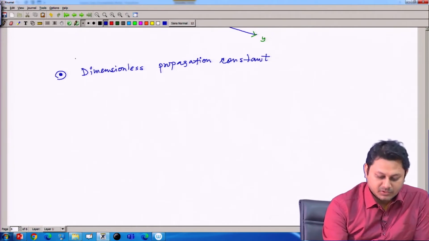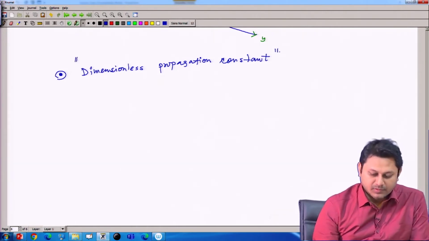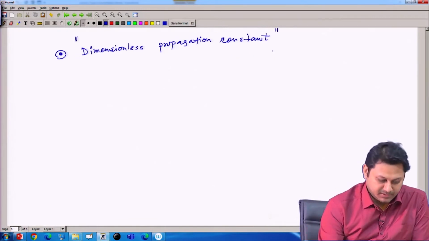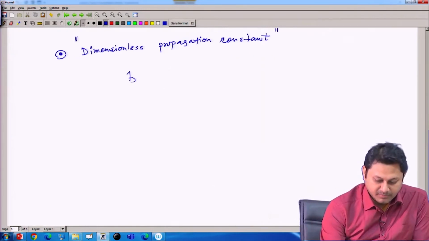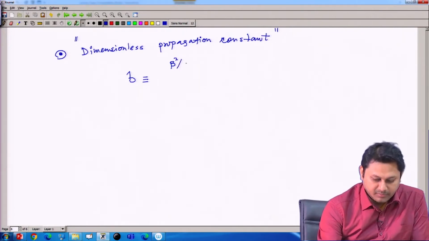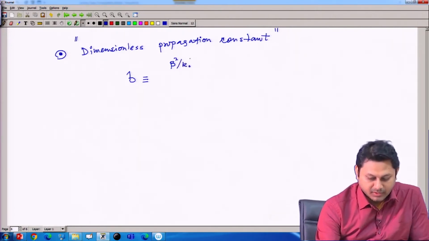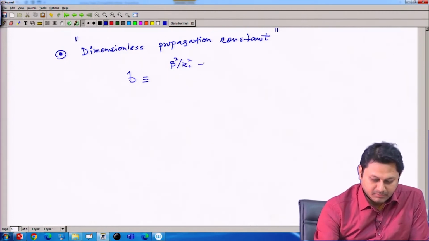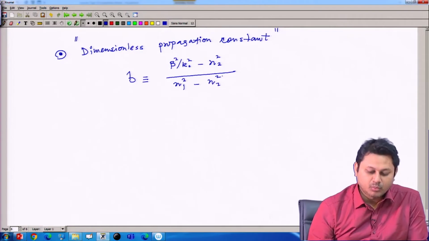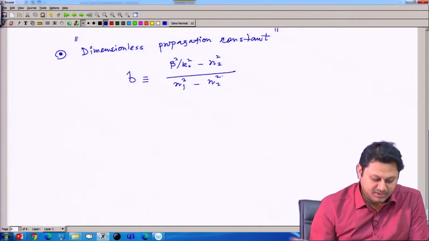The dimensionless propagation constant is B, which is defined in this way. B is beta square divided by k0 square minus n2 square, divided by n1 square minus n2 square. So, this is the way one can define the B parameter, which is dimensionless.